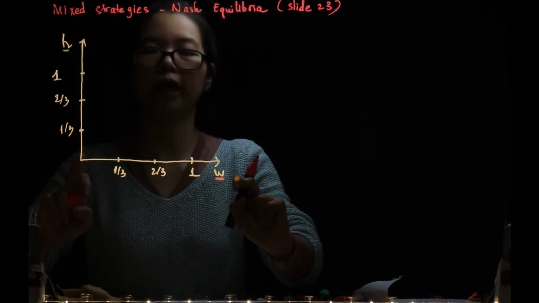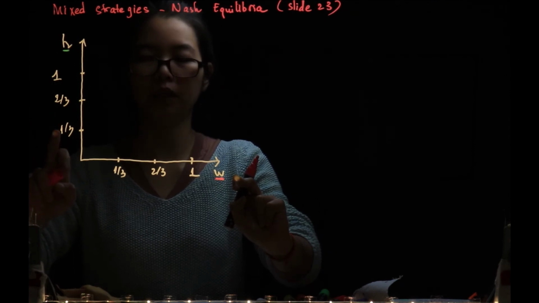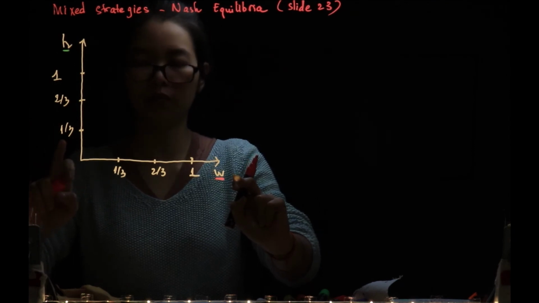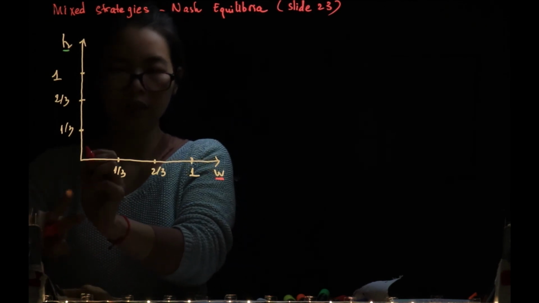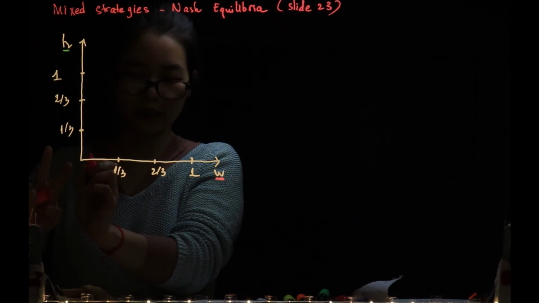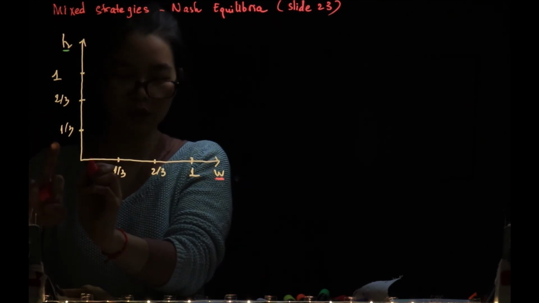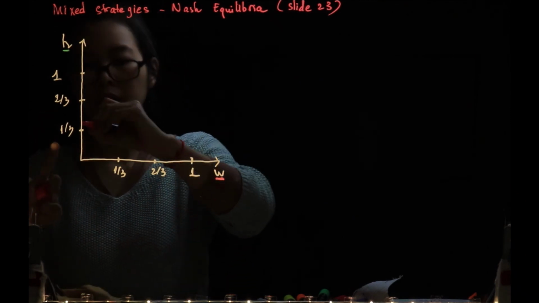So she would play boxing if the probability that he would go for ballot is smaller than 1/3, and that is W equal to 0 as long as H is smaller than 1/3.